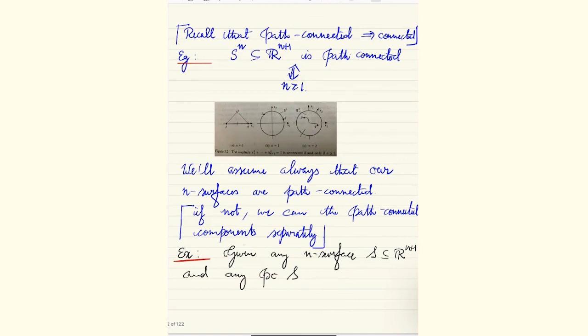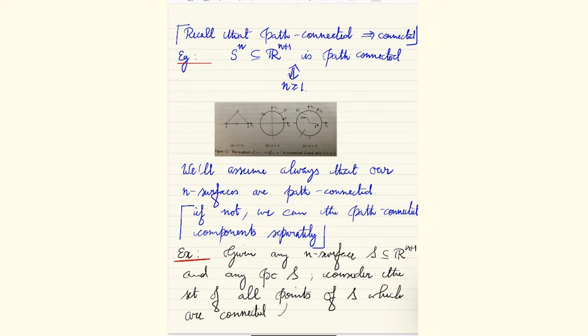So consider the set of all points of S which are connected to P. By connected to here, I mean the general connected, or maybe joined. Connected to, maybe there's confusion.